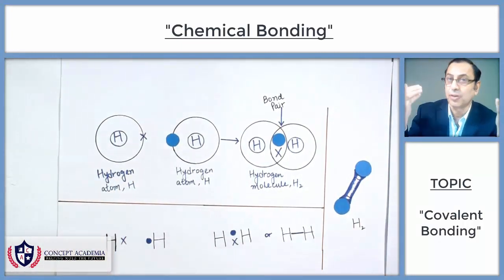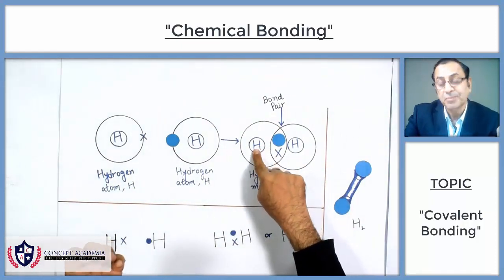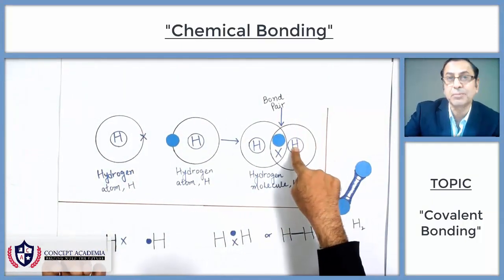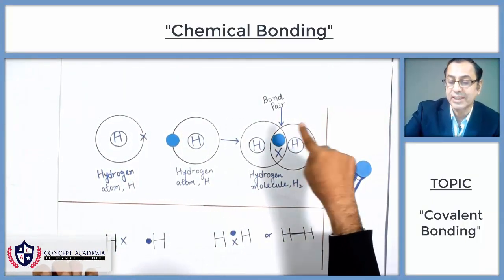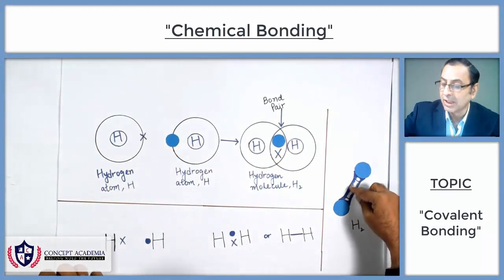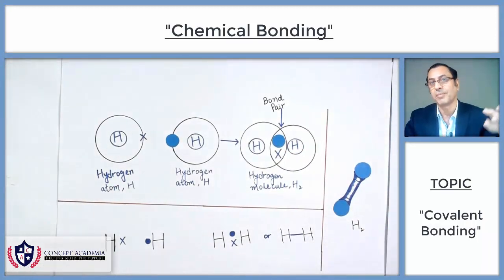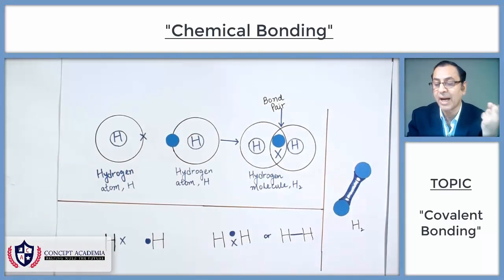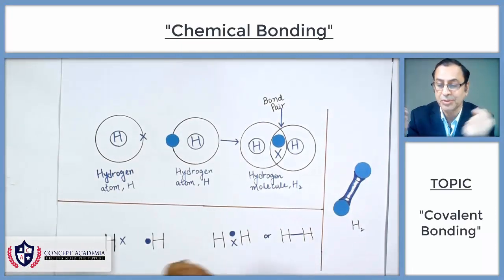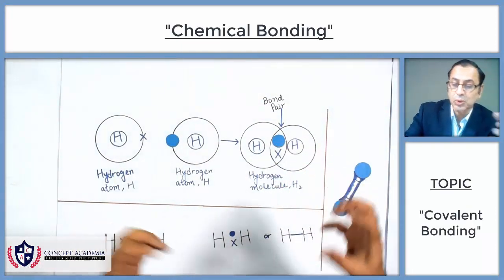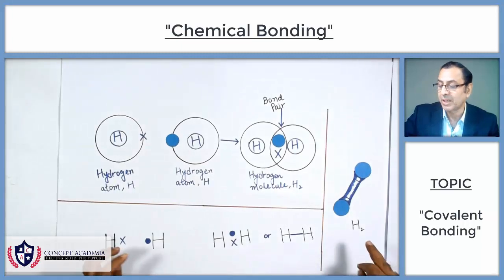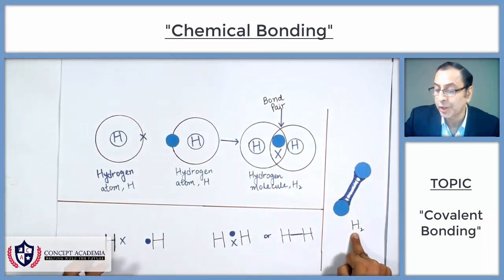As I've already told you, the hydrogen protons attract the electronic cloud, and that becomes the force of attraction that binds the 2 hydrogen atoms together. When atoms join together, it becomes H2, and this is a molecule.